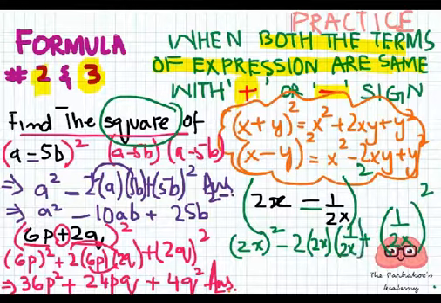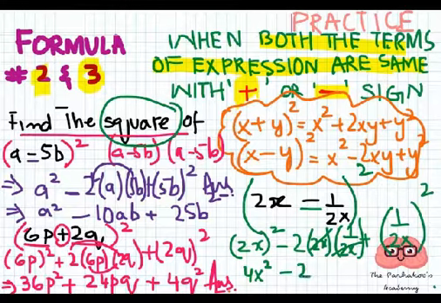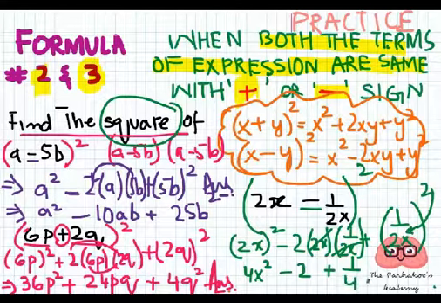So 2 into 2 is 4x squared. Here we have 2x and 2x cancel, minus 2 plus 1 upon this 2 is basically for this, so 4x squared. So here we go.